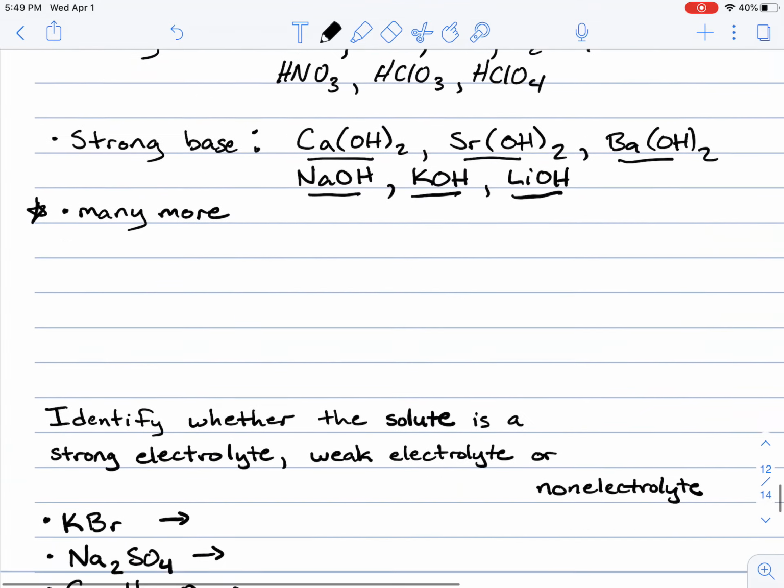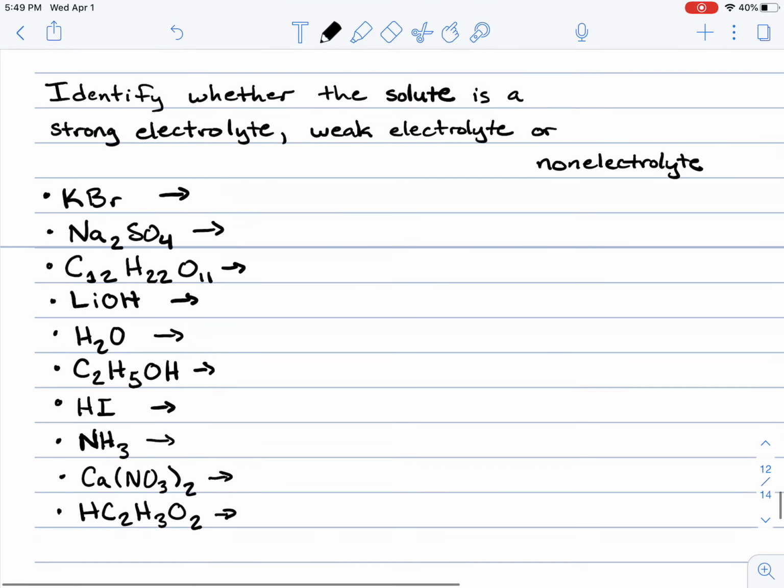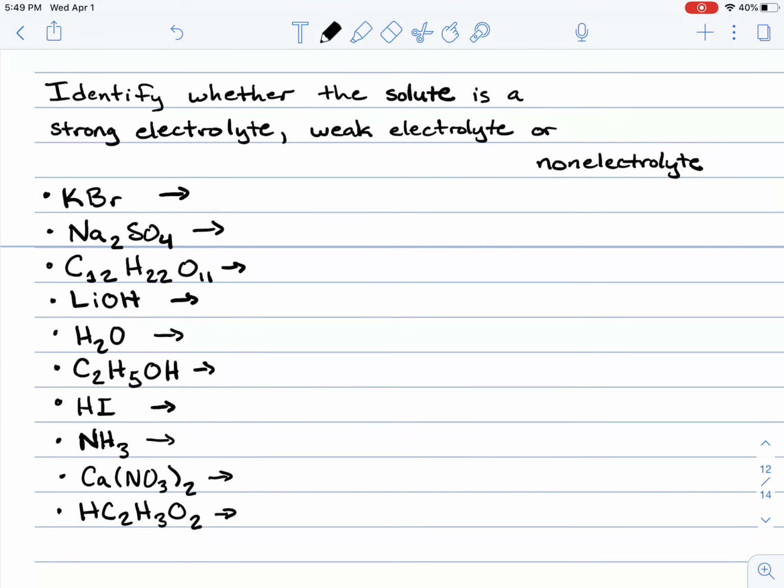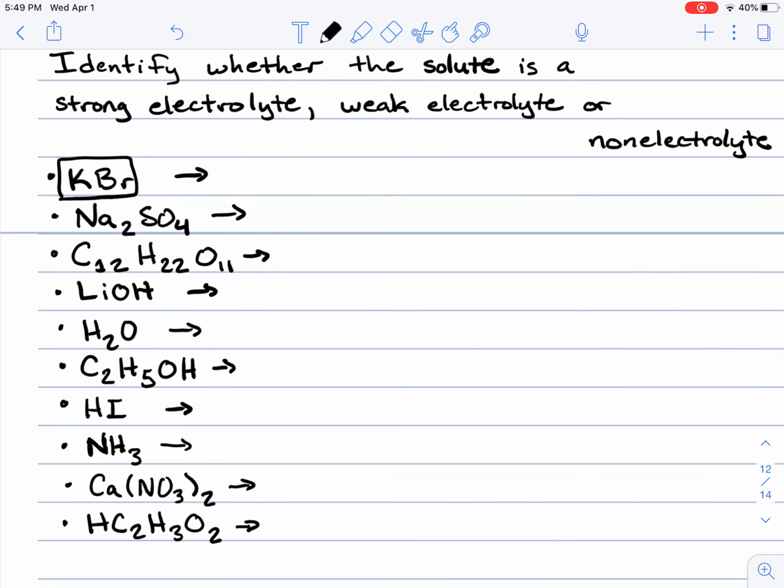And so the way that we figure out whether this first compound, KBr, is an electrolyte or non-electrolyte is by looking at the position of where those elements are in the periodic table.